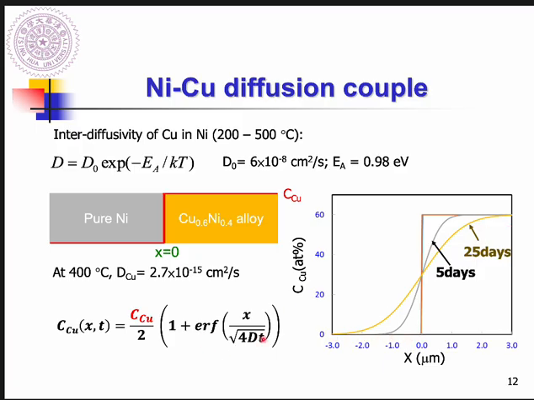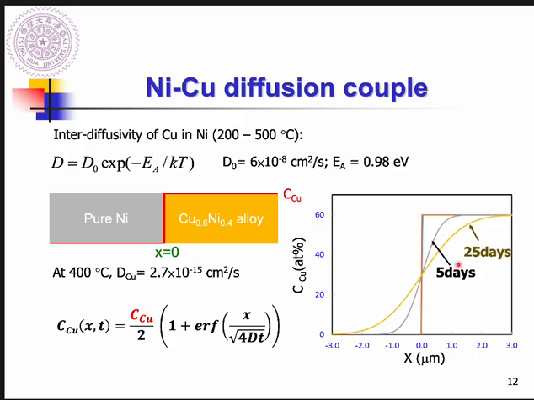But as time increases, you input the diffusivity, and also you input the time here. You use 5 days. This is in seconds, so you simply convert the 5 days into seconds. Then you can plot this concentration profile in green or in gray. Then as time increases up to 25 days, you can get this profile.